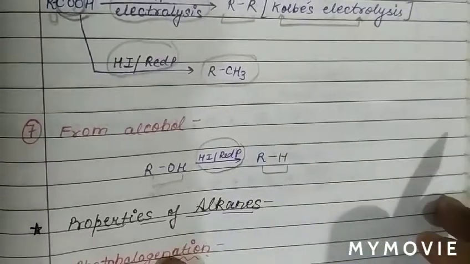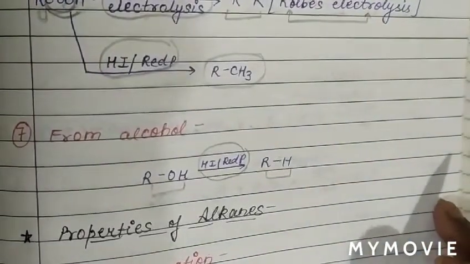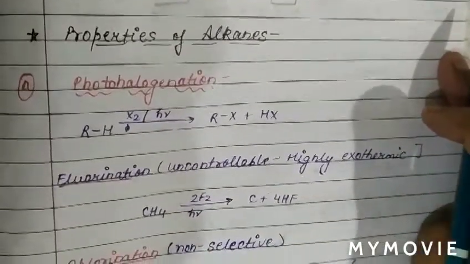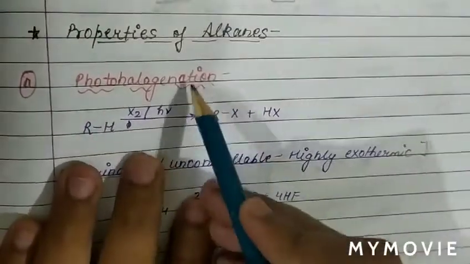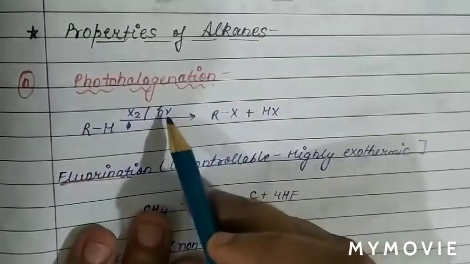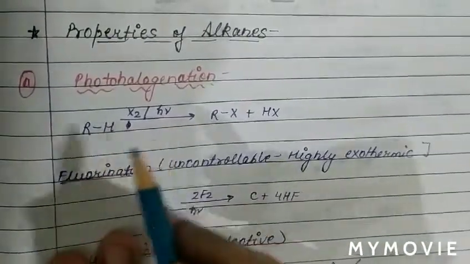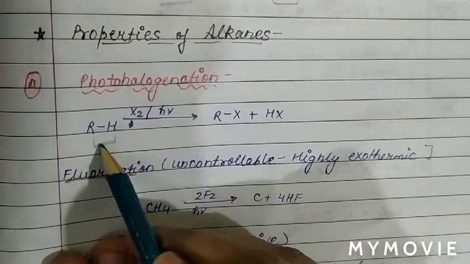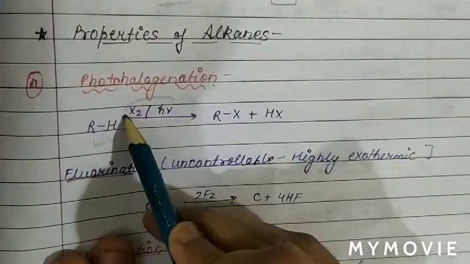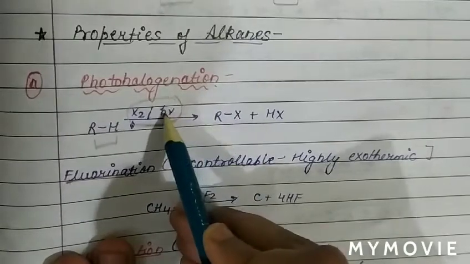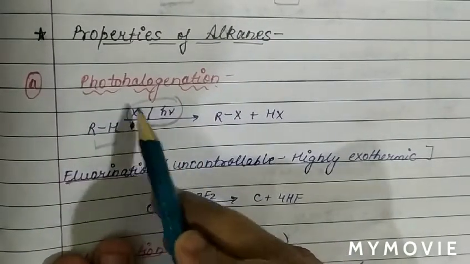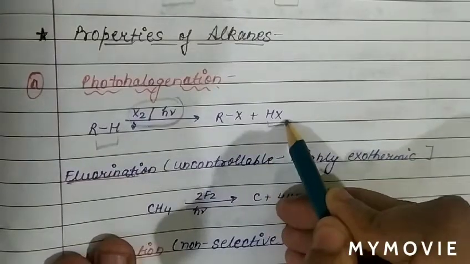Now we will discuss the properties of alkanes. See, what are the properties of alkanes. So the first property of alkane we are going to discuss is the photohalogenation reaction. See what happens in the photohalogenation reaction. So this is basically alkane, when alkane reacts with halogen in presence of sunlight. So basically this hydrogen and a halogen combine and are removed in the form of HX.